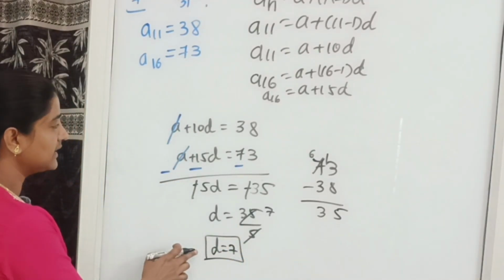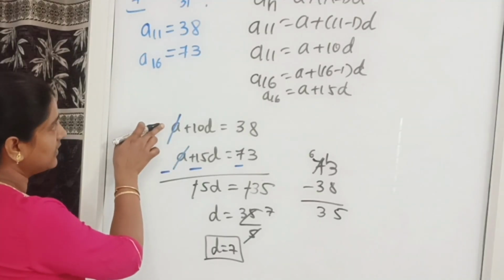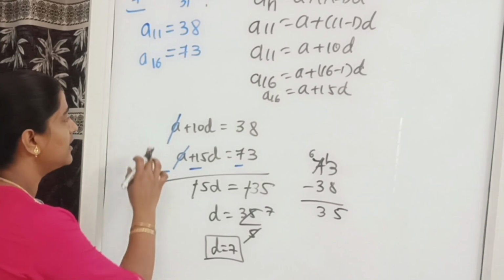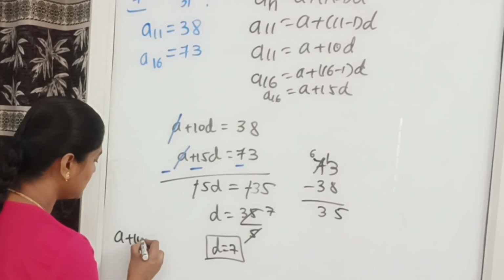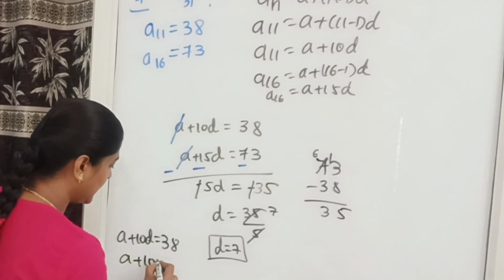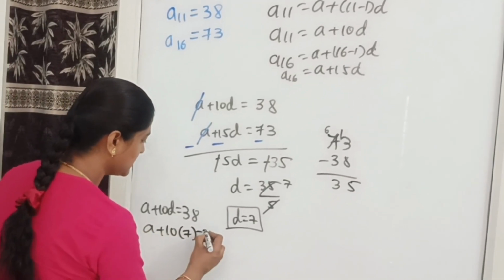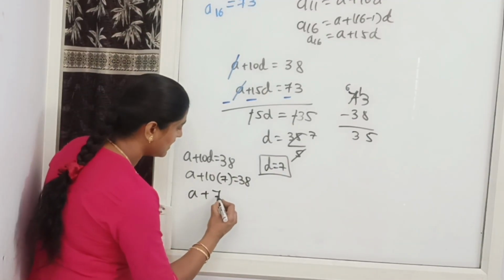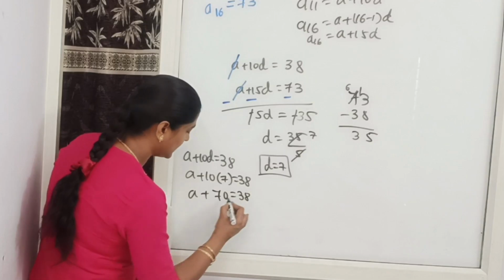Once we got D, we can substitute either the A11 term or the A16 term to find A. Let me take the first one: A plus 10D is equal to 38. A plus 10 into 7 is 70, is equal to 38.